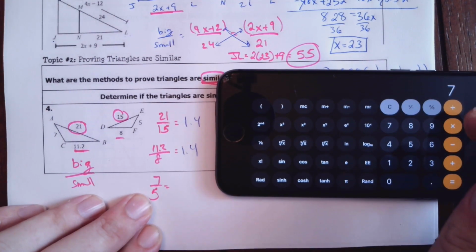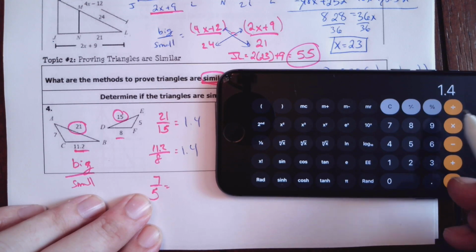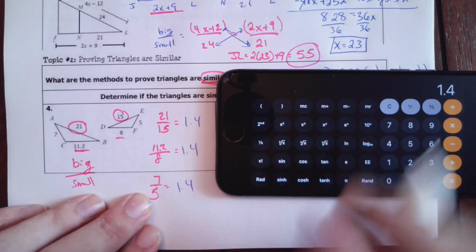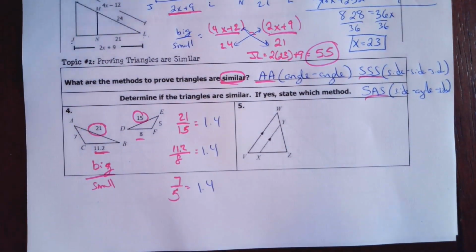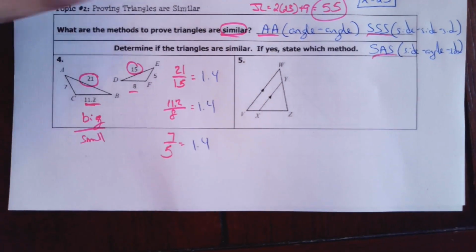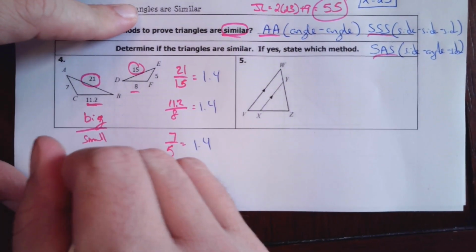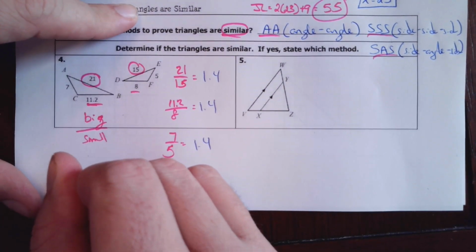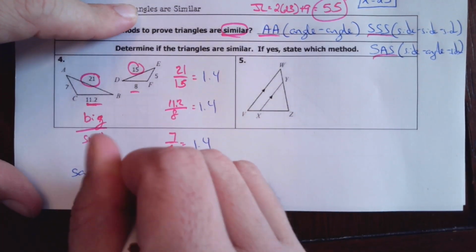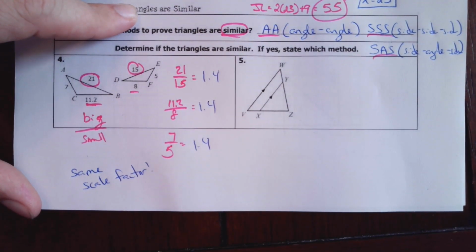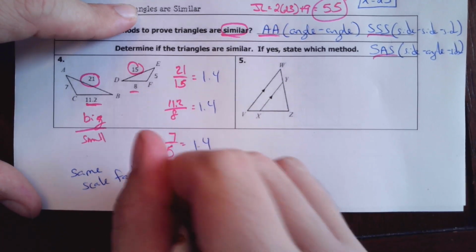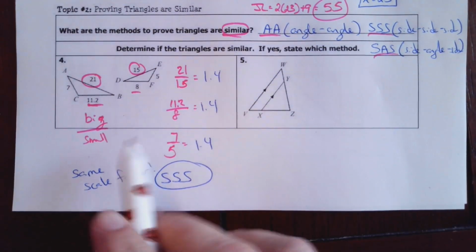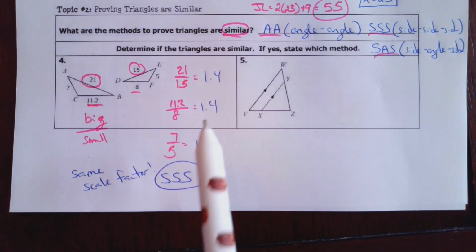And finally, we have 7 divided by 5, and that is also 1.4. So we call this the same scale factor. So that means the answer is SSS. So all 3 sides use the same value.